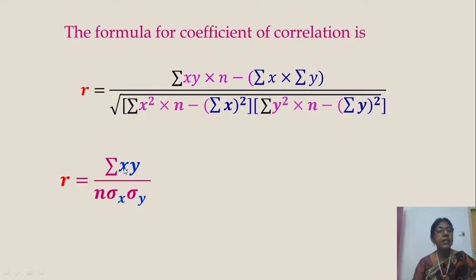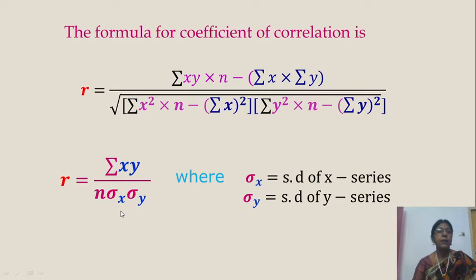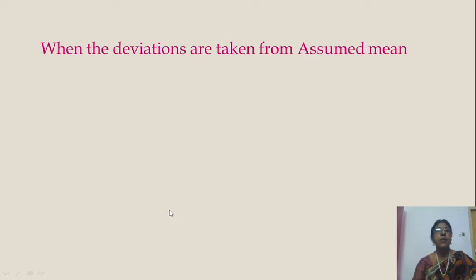Here we directly take small x, small y, where sigma x is the SD of the x series and sigma y is the SD of the y series. Remember this formula also. When sigma x and sigma y are known, you use this formula.